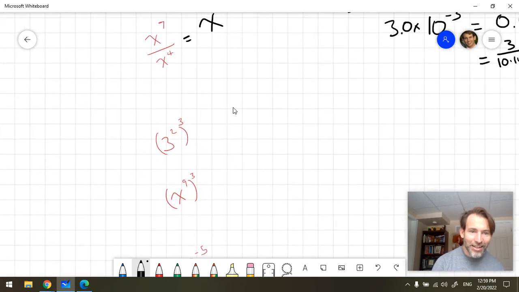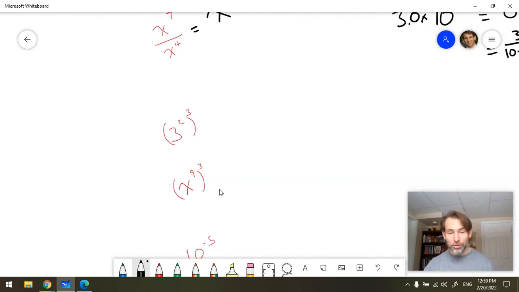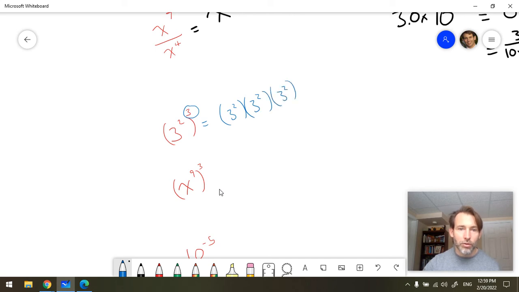Now, when raising powers to powers, let's see, what do we do? Mr. Jennings, what do we do? Well, let's write it out. Let's do this exponent first. This is 3 squared times 3 squared times 3 squared. That's 3 squared times itself 3 times. That's equal to 3 times 3 times 3 times 3 times 3 times 3.